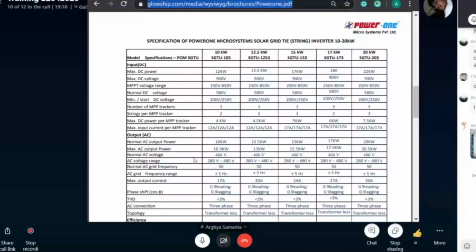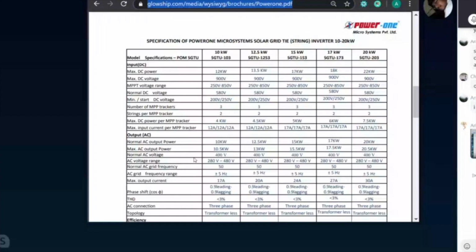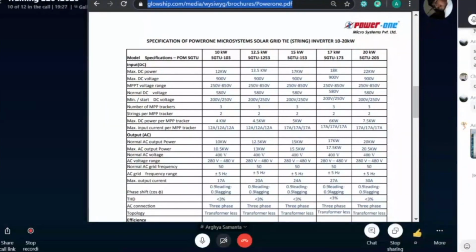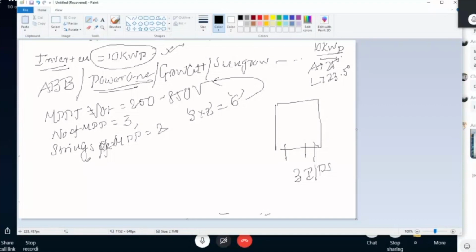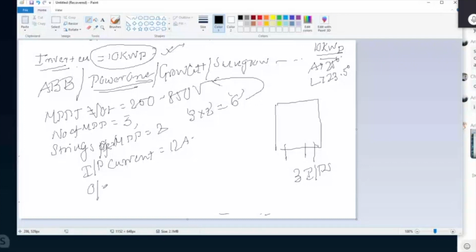Fine. Okay, so the input current that we can take is 12 amps and the output current we can take is 17 amps. Let us note it down. Input current should be 12 amps, output current should be 17 amps.